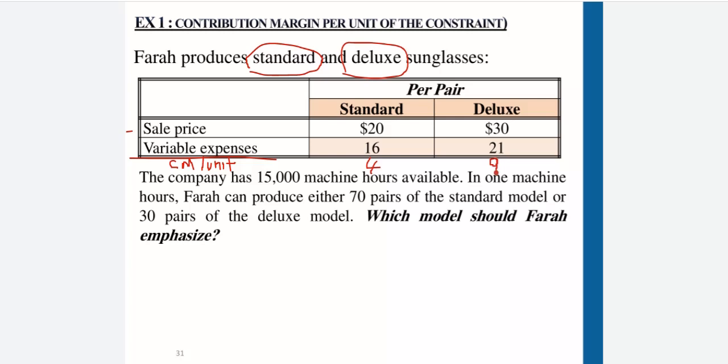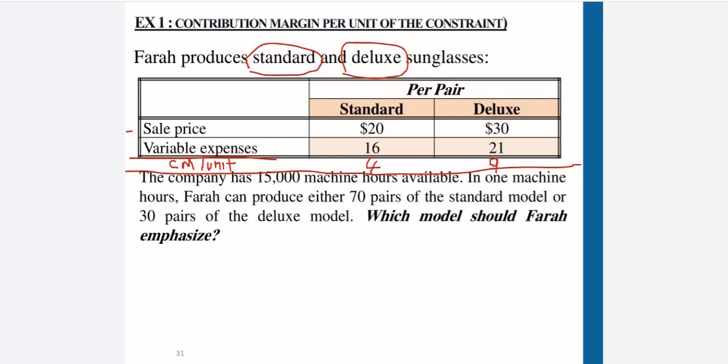According to this information only, if you have to choose which model you should produce more or emphasize in production, the standard or the deluxe? Should you produce and sell deluxe or standard sunglasses?